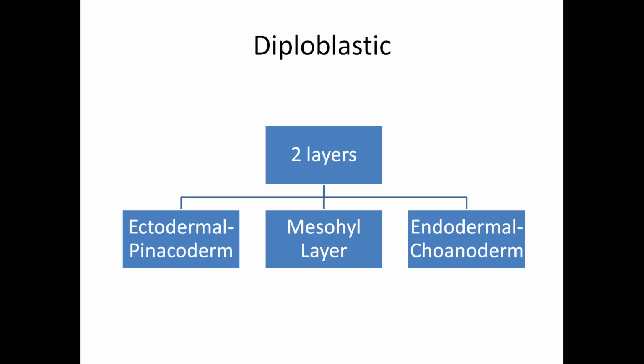Those cells are called amoebocytes. So mesohyl is a non-cellular gelatinous layer. The cells which are found in mesohyl are not mesodermal. They arise from the ectoderm or the endoderm. So they do not have origin from mesoderm.